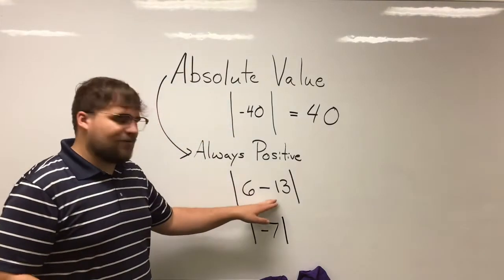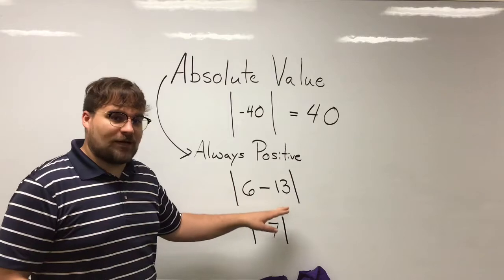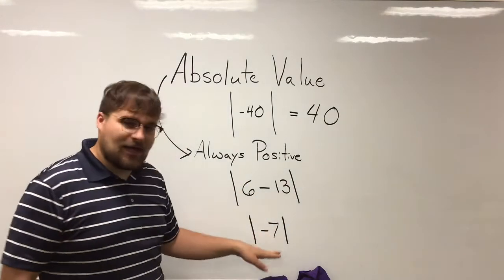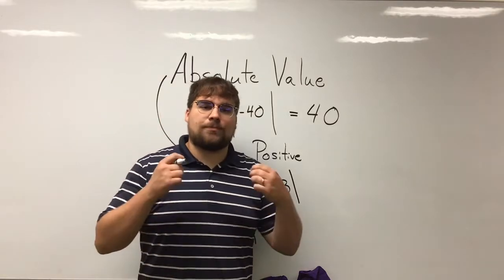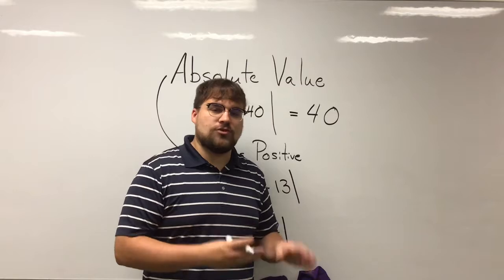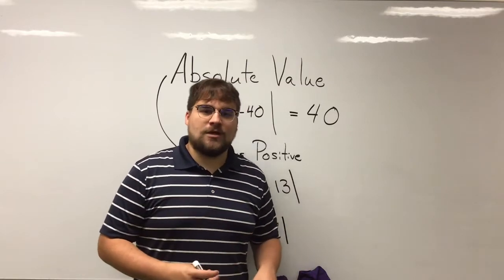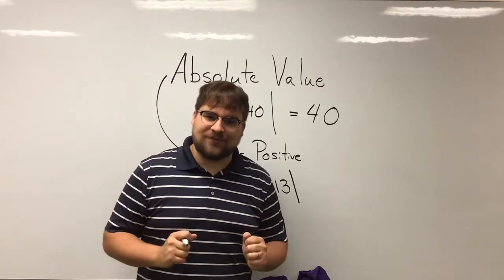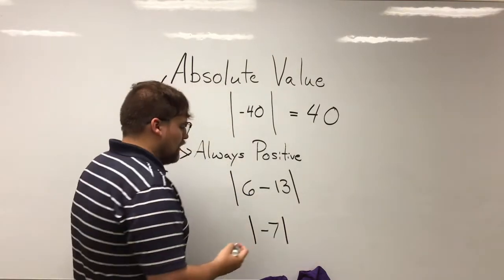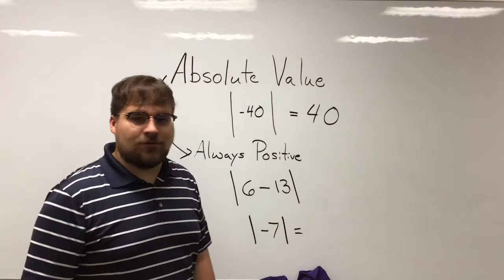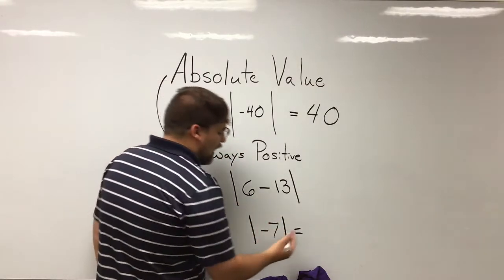And after I've finished simplifying everything inside of those bars, then I'm going to apply the absolute value to the number inside of there. I'm kind of going to get to take it out of the absolute value bars, if you will. And to take it out of the absolute value bars, all I have to do is make it positive.